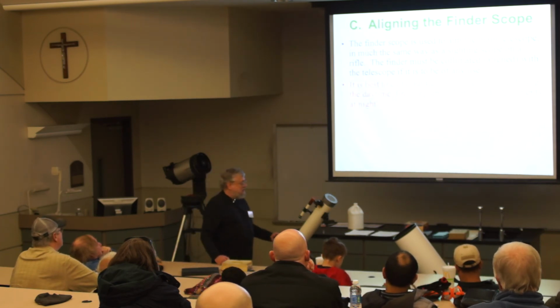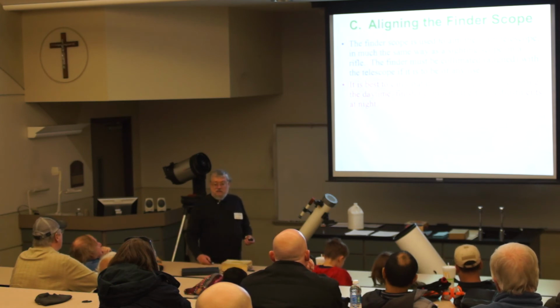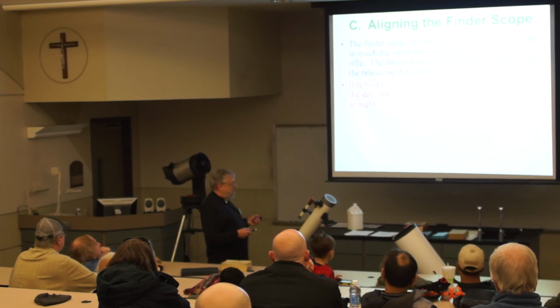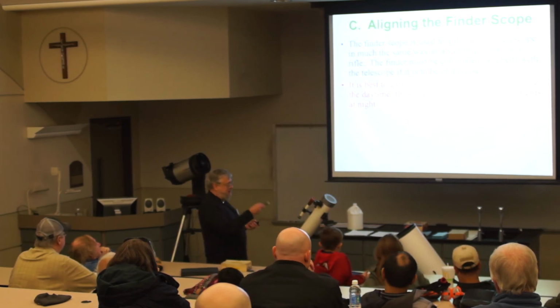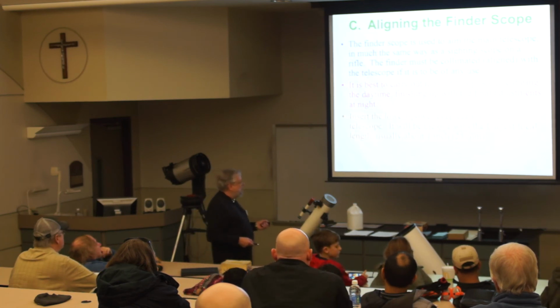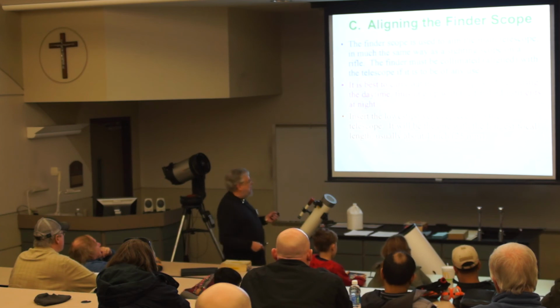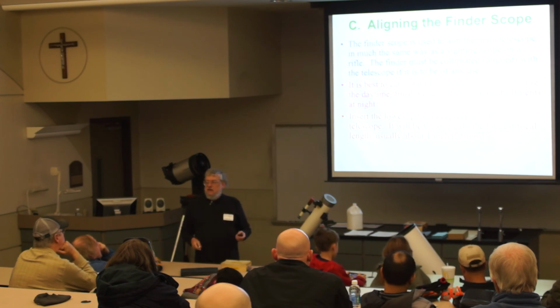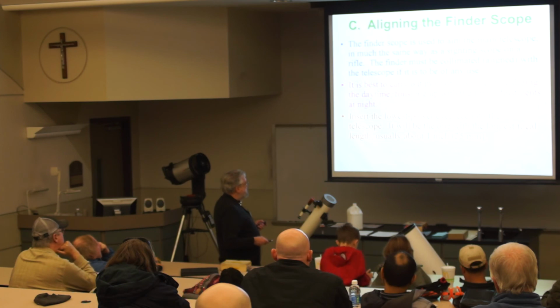You can do most of this during the daytime. Just go out where you can see a distant treetop or chimney top or a radio tower and aim at that. Get it into the telescope field of view with a low power somehow. Then you'd be using your lowest power eyepiece to do that. Lock it in position and then adjust the finder so it's on the crosshairs in the finder. And that will make sure that it's aimed pretty much the same way.